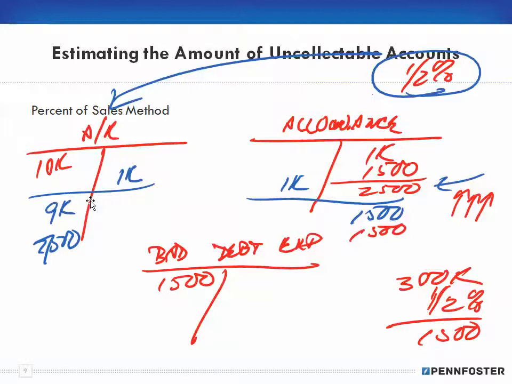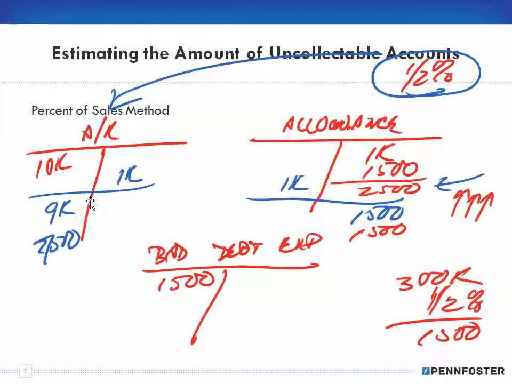In the last video, especially the first part, maybe the first 7 minutes or so, I went over an overview of what we're trying to do with our accounts receivable, why we're estimating, and why we use the direct write-off versus the allowance method.